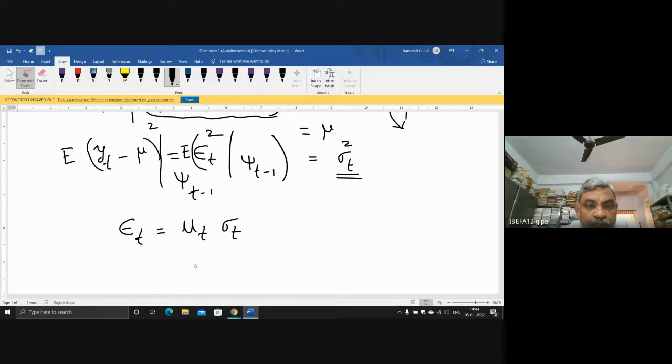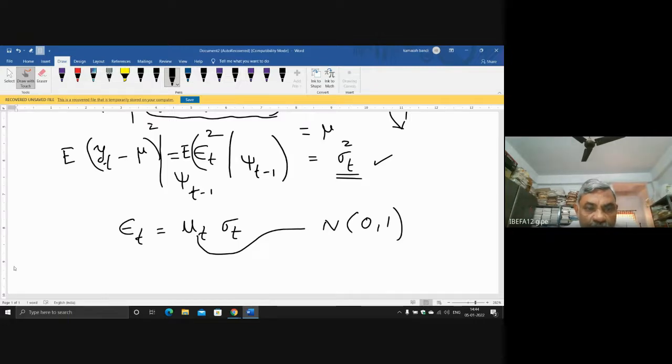Here, sigma t is already defined; you take the root of this, that is nothing but sigma t. But this symbol ut is to be defined. So this is N(0,1), a standard normal variate.